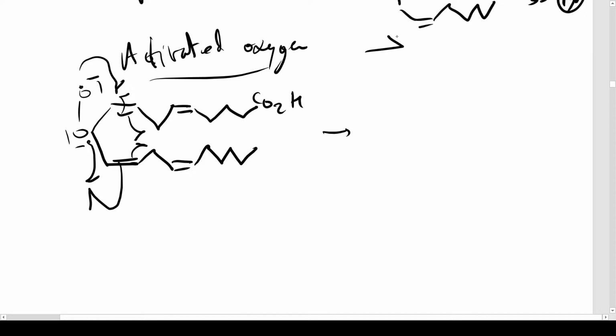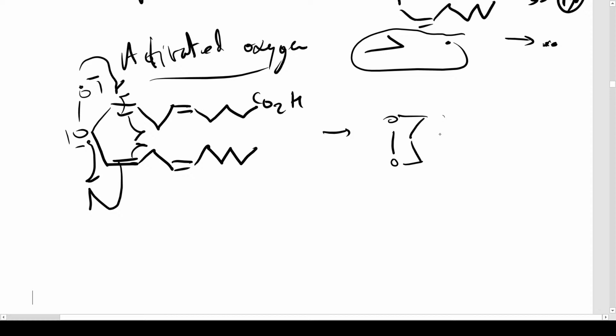One arrow like this for electron, one like this, that means you involve 2 electrons. So you get this nice product.